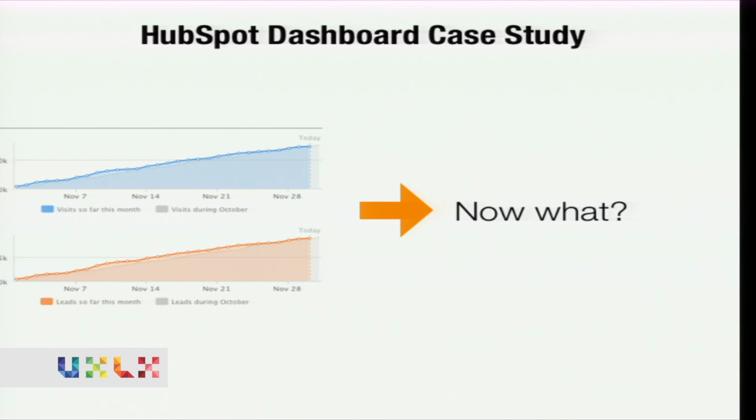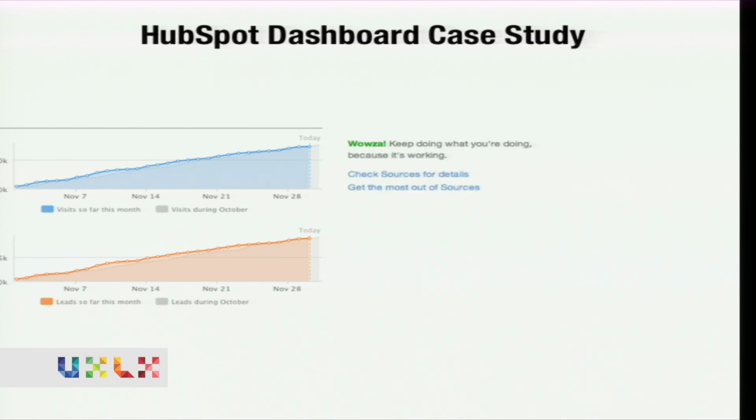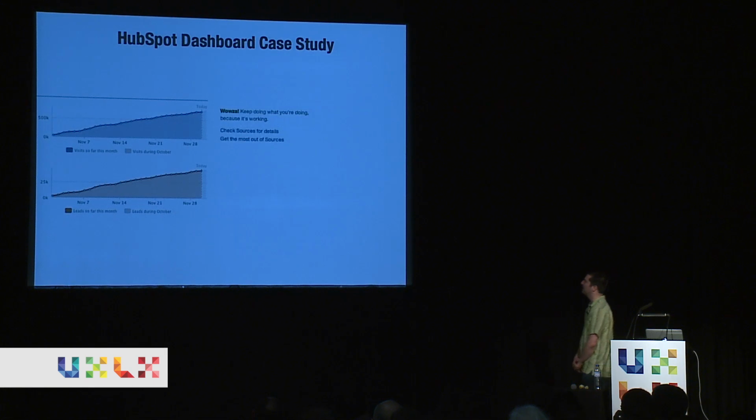So we thought this was a really good place to introduce some microcopy to see how we could change the user experience here. When people were doing well or when their leads were improving, we wrote copy that said, "Wowza, keep doing what you're doing because it's working."